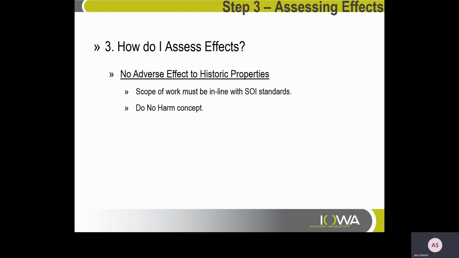So we have to look at what we have to start with, and we either have to have an in-kind swap or make the property better from a historic preservation perspective.